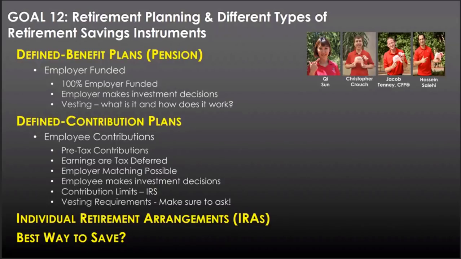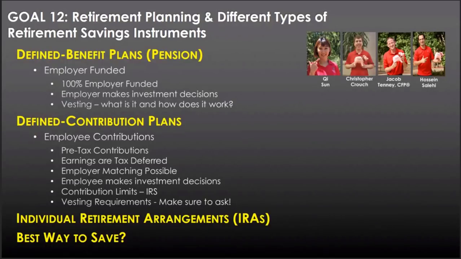Also, another important difference is who is making investment decisions. So for defined benefit plans, employer is going to take the risk and make the investment decisions. But for defined contribution plans, you are going to take the risk and make the investment decisions. So just think about it.